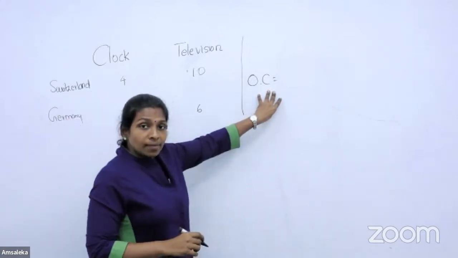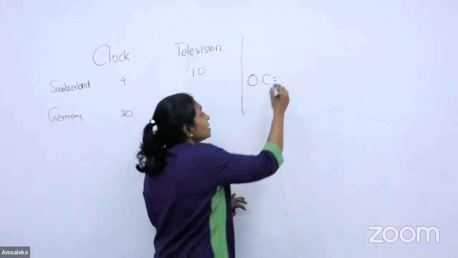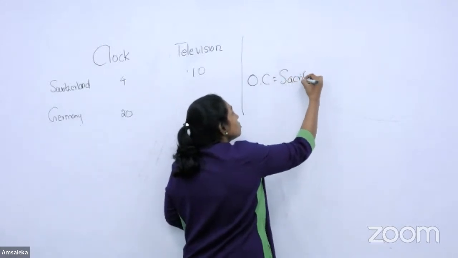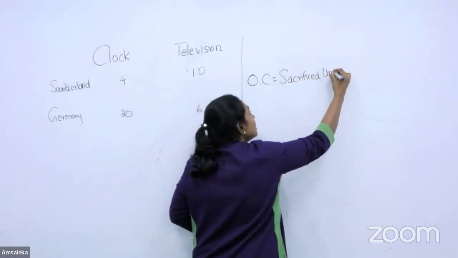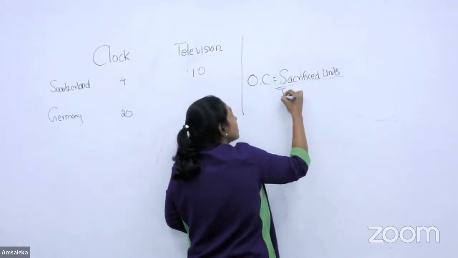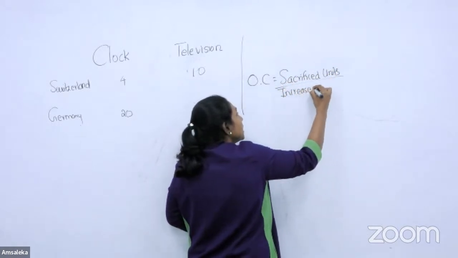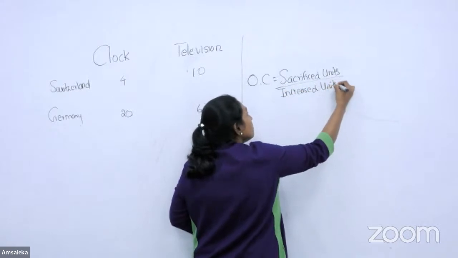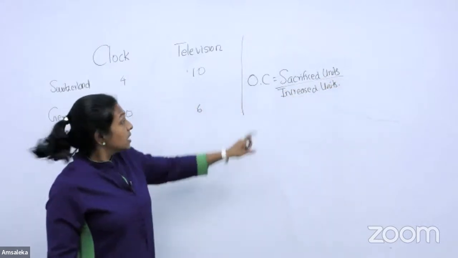Opportunity cost means sacrificed units divided by increased units.